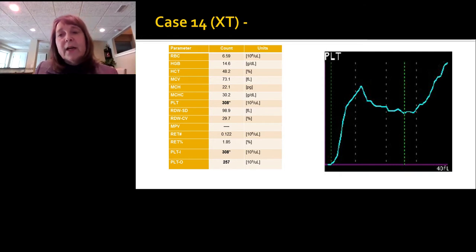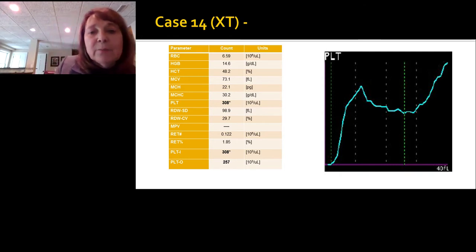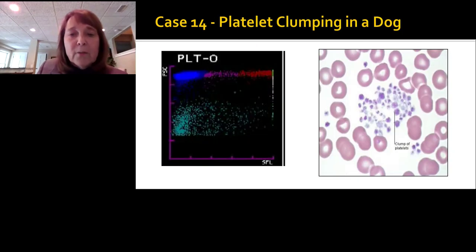All right, so it's a very common problem. This one was actually platelet clumping in a dog, and we know that in animal samples, because of the difficulty in drawing, it can be very common to get some interference from platelet clumping. So could this Platelet-O tell us that there might have been something there?